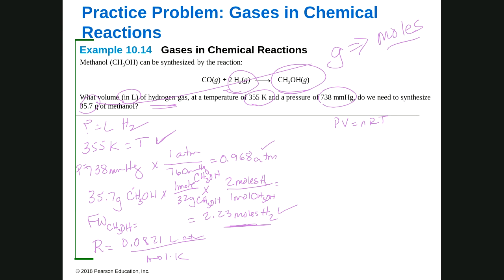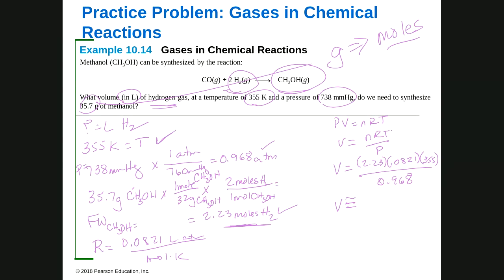So PV equals nRT. So V equals nRT over P. So V equals 2.23 moles times 0.0821 times 355, divided by the pressure in atmospheres, which is 0.968. And so the volume of hydrogen is going to be approximately, let's see, how many sig figs do I have? 3.